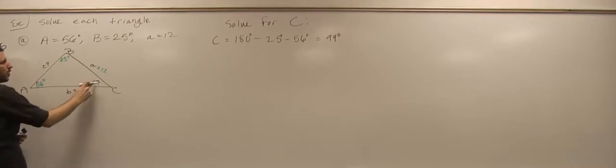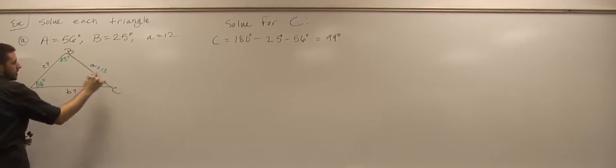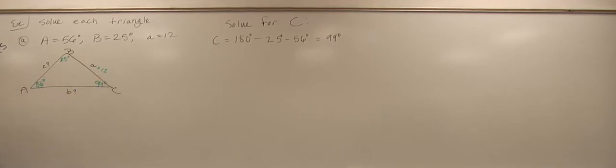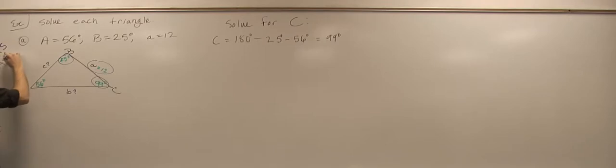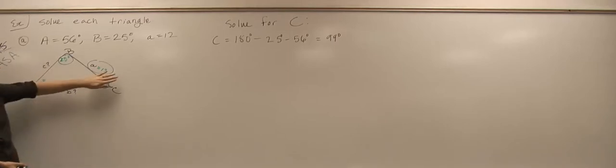So now I know big C is 99 degrees. Which means I've changed this into an angle side angle problem, which is one of the cases I can actually solve with the law of sines. If you try to apply the law of sines before you get this angle with just these three pieces of information, it won't work.